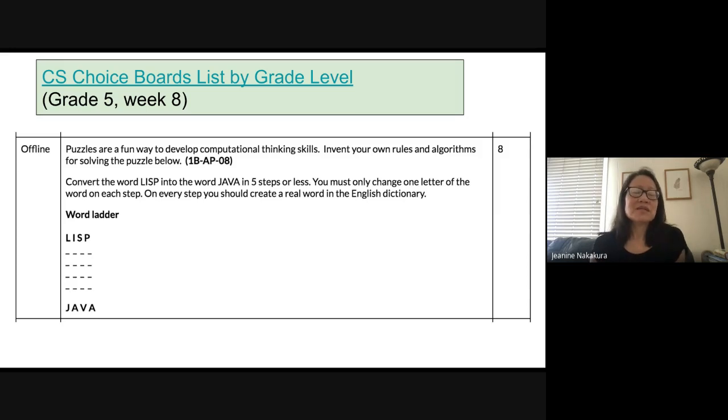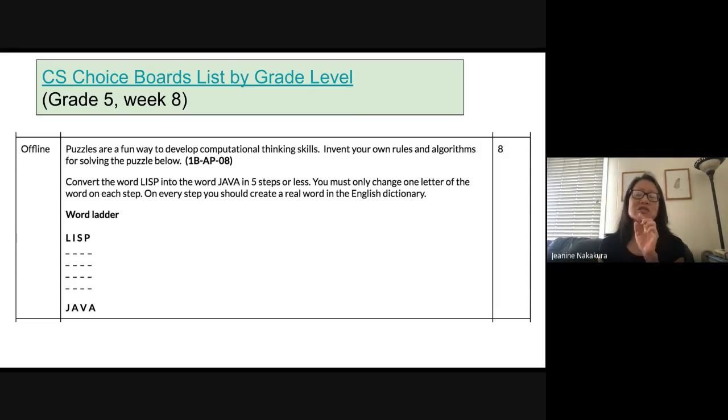Okay, so basically, puzzles are a good way to develop computational thinking skills because you have to invent your own rules and algorithms for solving the puzzle below. So what we would like you to do is change the word Lisp, L-I-S-P, into Java, J-A-V-A. And you only have 5 steps or less, okay?